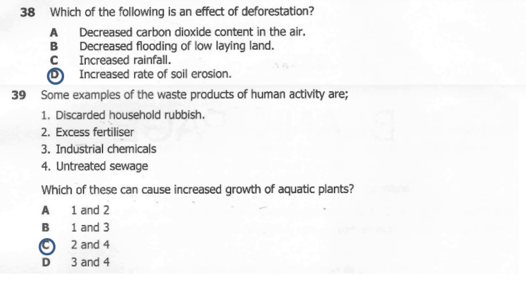Which of these can cause increased growth of aquatic plants? So our answer there is C, excess fertilizer and untreated sewage.